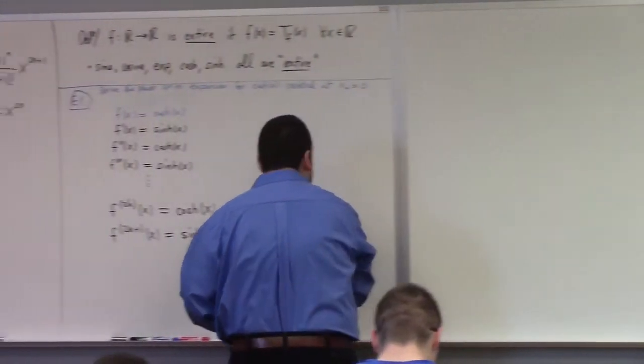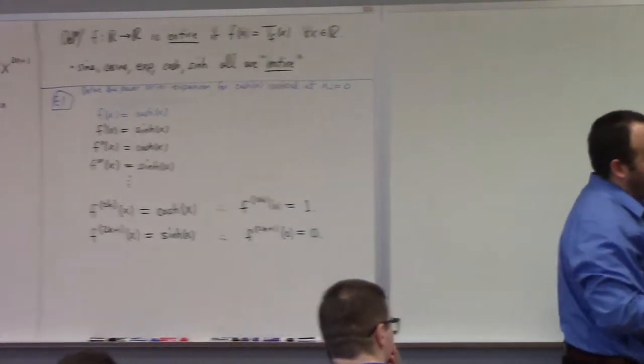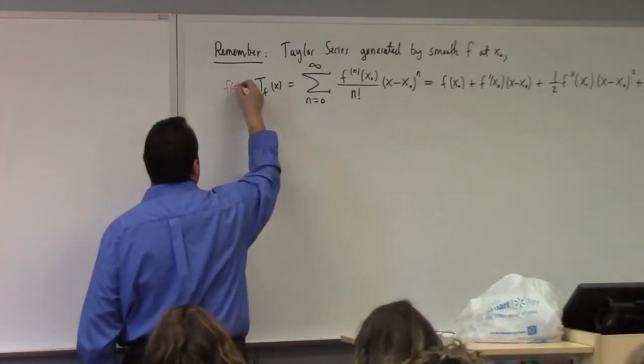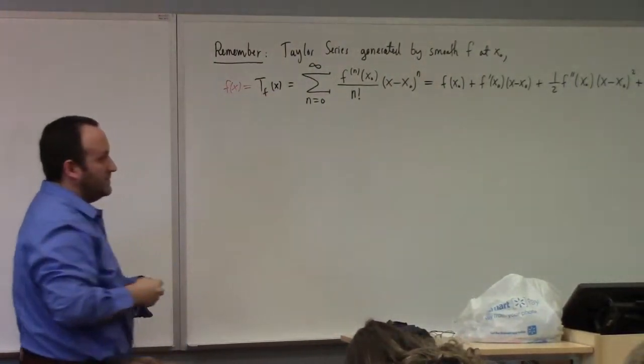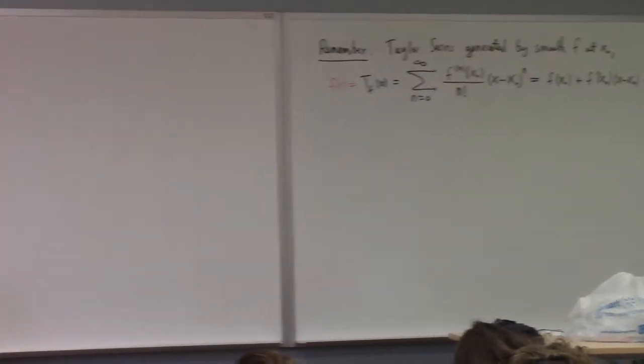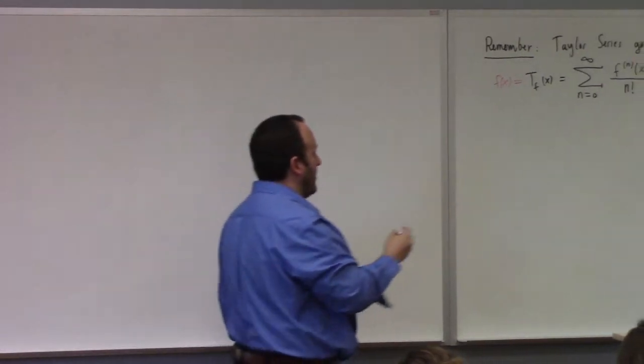I spent entirely too long yesterday explaining to you that the function is said to be analytic at x naught if f of x is equal to TF of x for all x in some neighborhood of x naught.